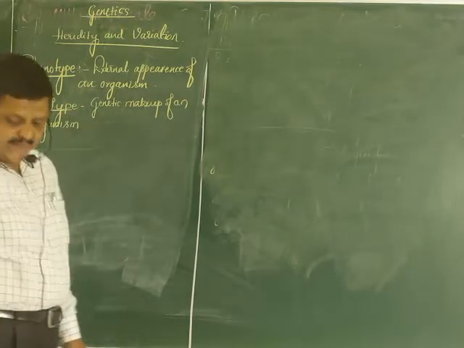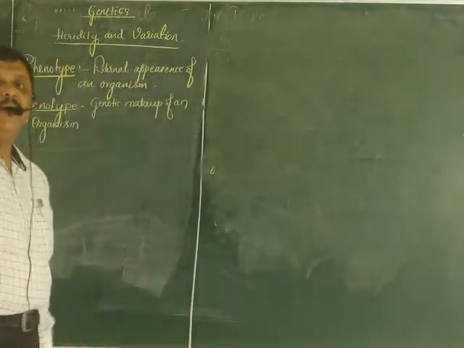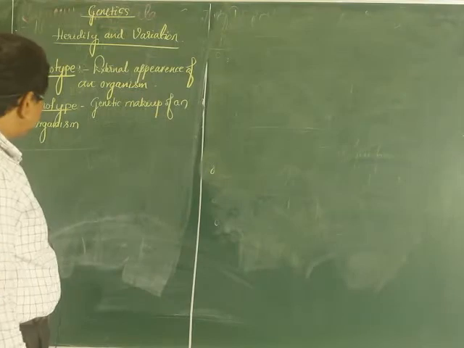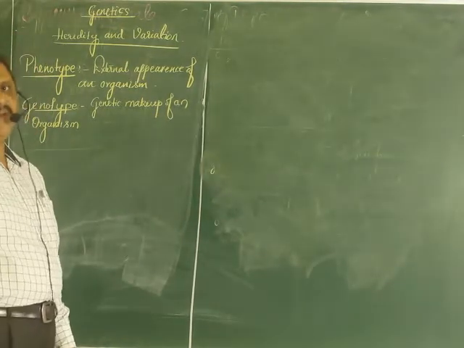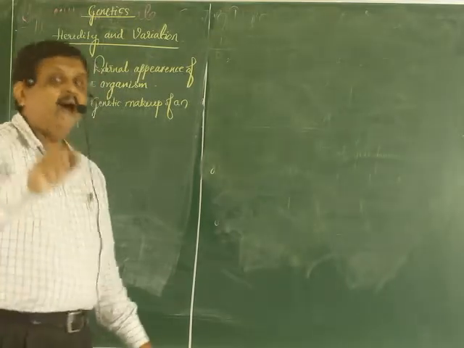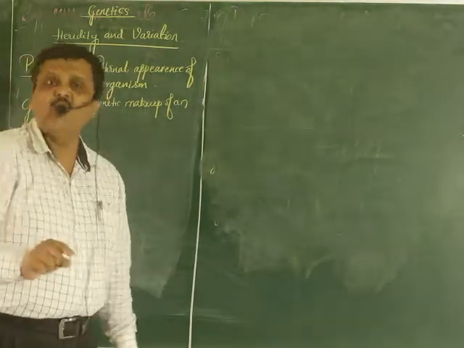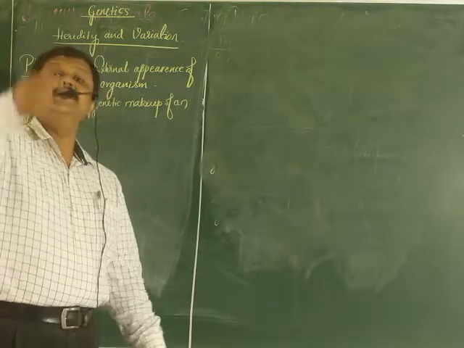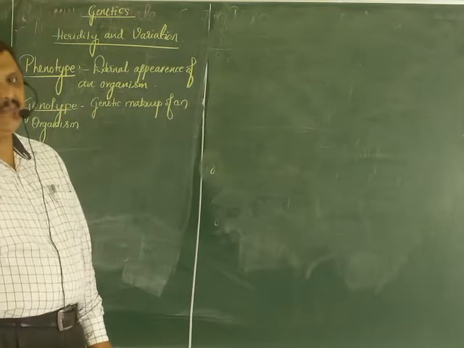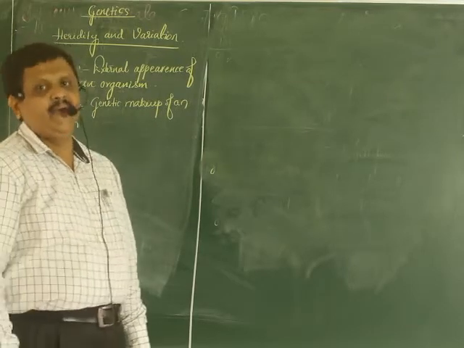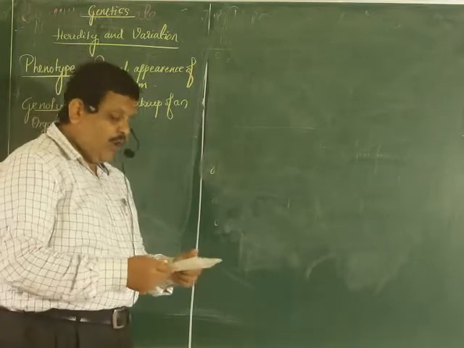So phenotype is external appearance of an organism. Genotype is genetic makeup. Genetic makeup means what? We can't see that because it will be there inside the cell. Inside the cell, where it will be? Inside the nucleus, inside the chromosome, in the DNA. Genes are located inside the chromosome.